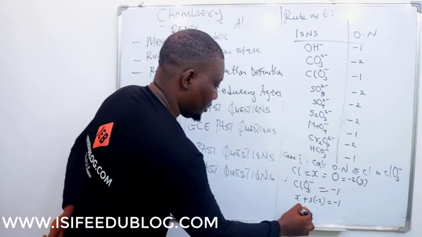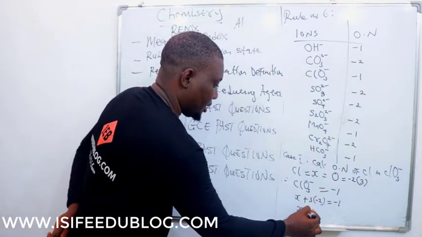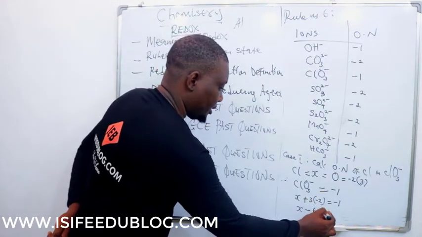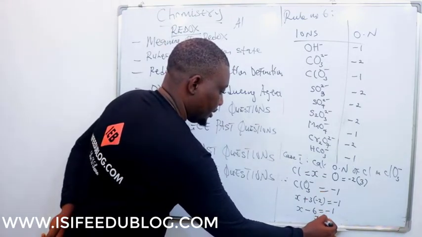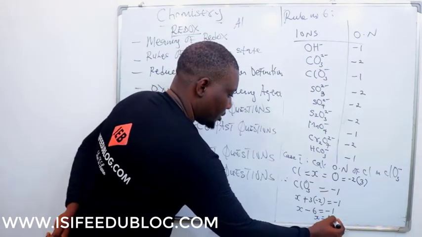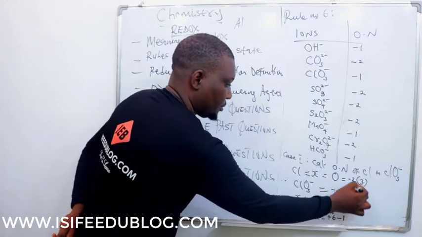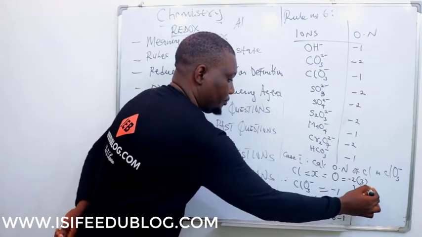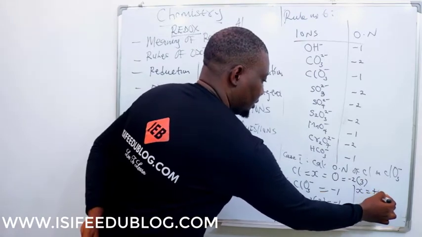And then X + 3 times -2, which is -6, equals -1. So X is equal to -1 with the -6 crossing over here, it becomes +6 - 1. X here equals +5.